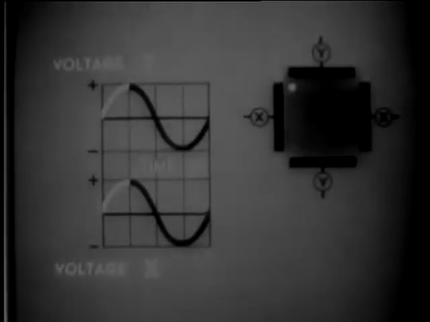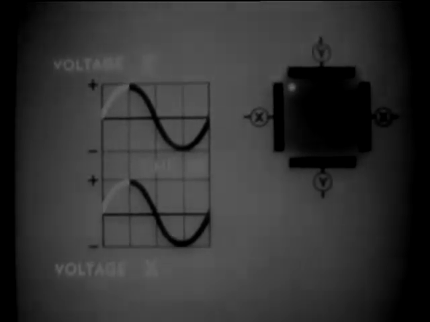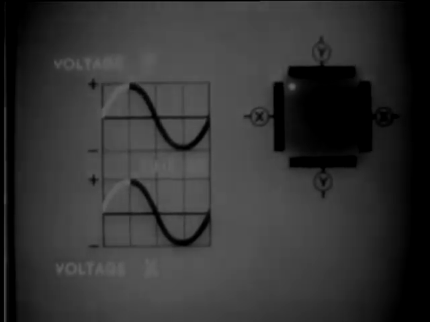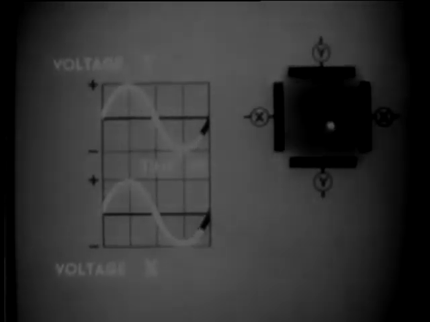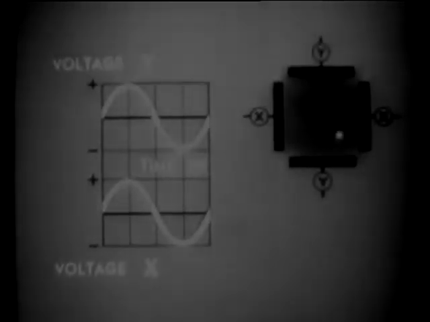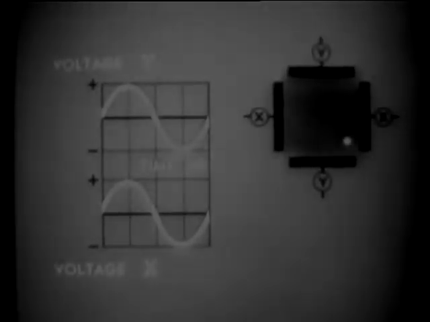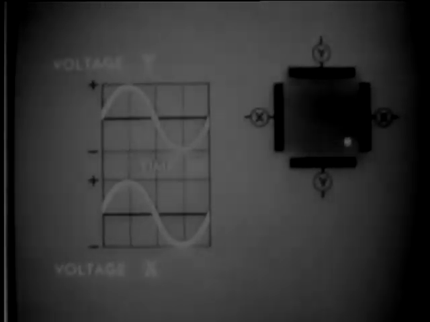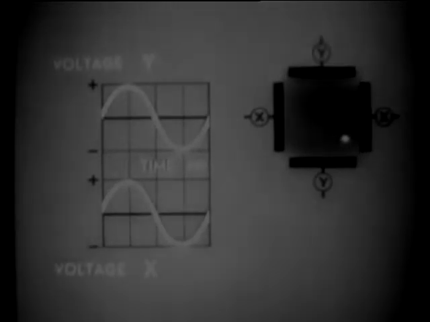That's because the vertical plates are deflecting it all the way up, and the horizontal plates all the way to the side. As the two voltages complete their cycle of variation together, the beam follows a diagonal path, upwards to the left and downwards to the right. When the voltages vary together, like this, we say they are in phase.